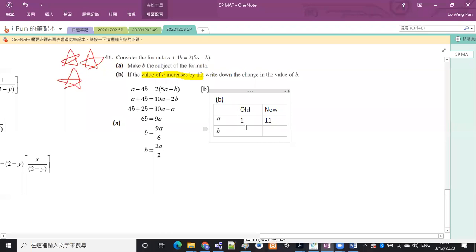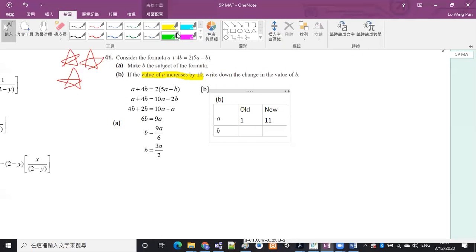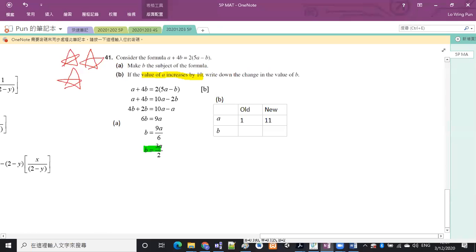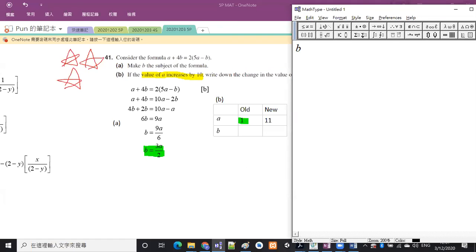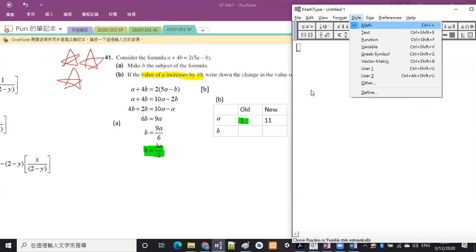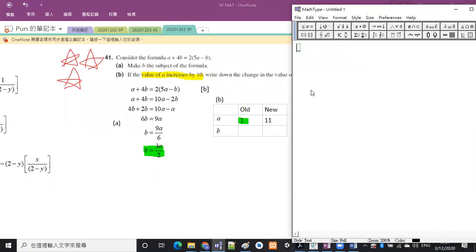But how to calculate the value of B? We are going to use this formula, the formula we have got in part A. B is equal to 3A over 2, right? So when A is equal to 1, we can calculate the value of B. That is when A is equal to 1, then B is equal to 3 times 1 over 2.